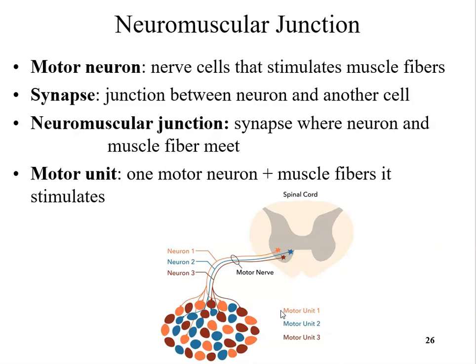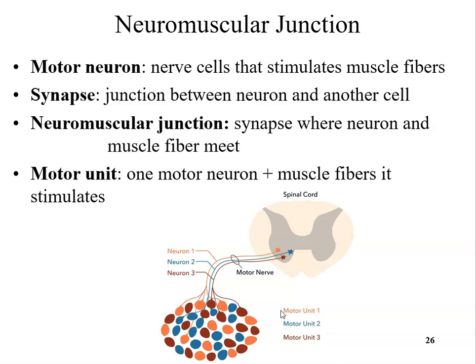Motor units vary quite a bit in size, with our smaller muscles that are capable of finer movements, like the muscles of the eye, having only a few muscle fibers per neuron, 2 or 3. Our larger muscles that are capable of powerful movements but are not under such fine control can have thousands of muscle fibers per motor neuron.